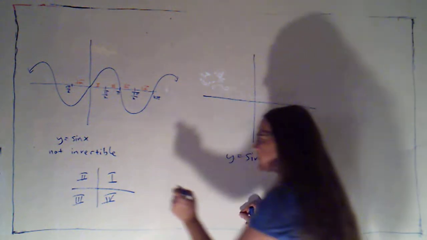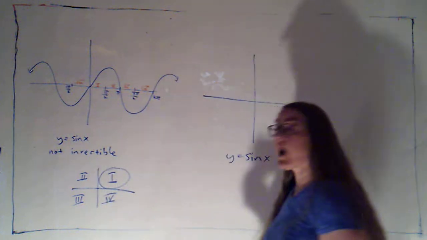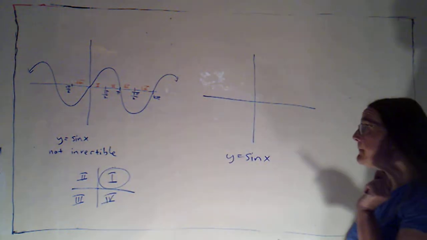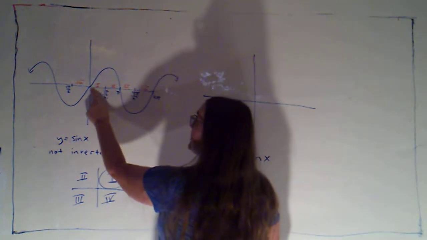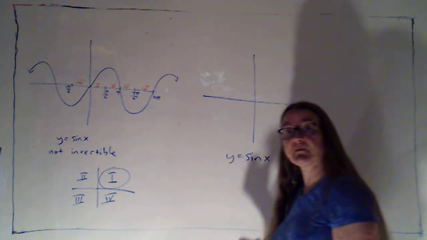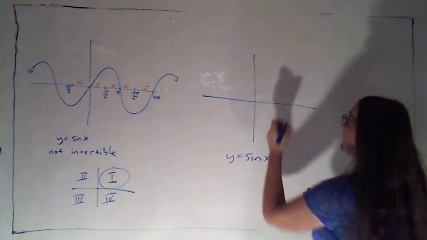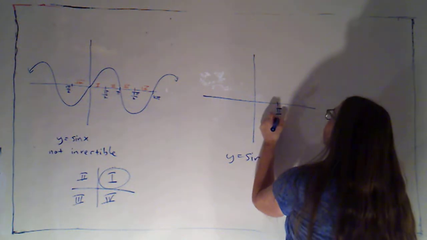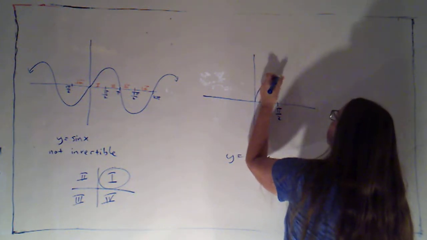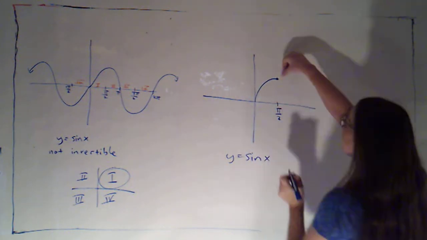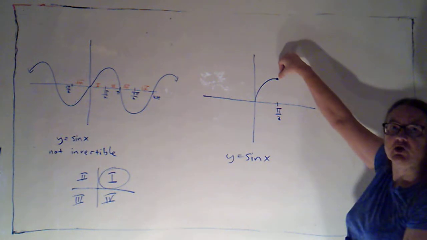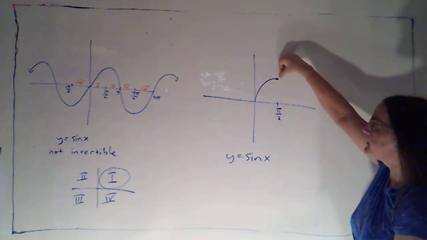The easiest quadrant to work in is quadrant 1, and in particular, the version of quadrant 1 that includes angles between 0 and pi over 2. So I'm going to keep that portion of the graph, including that endpoint there at pi over 2, 1.